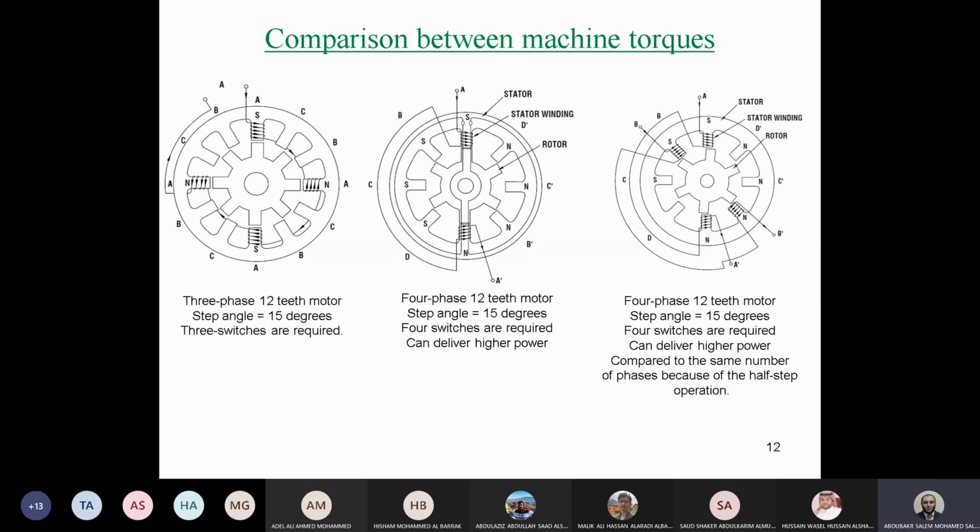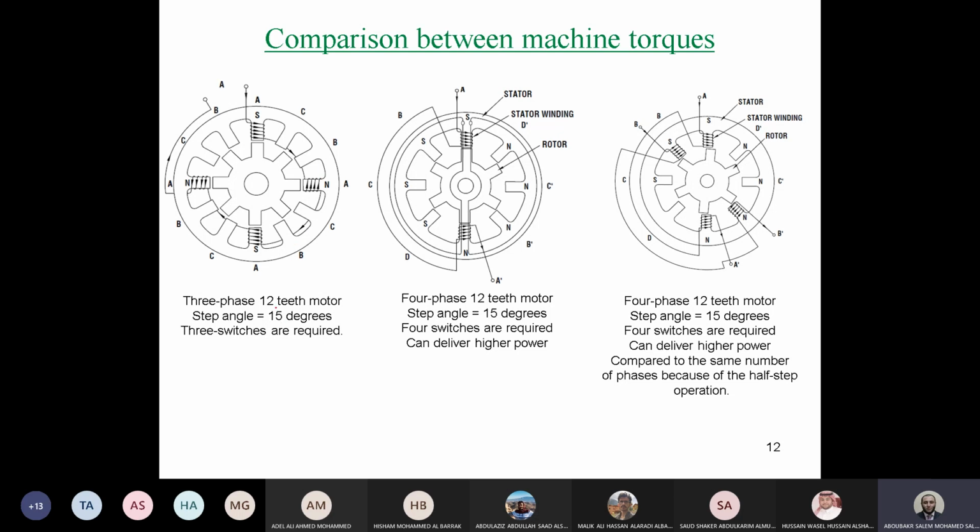Let's compare the machine torques of different designs, in order to be clear how we can increase the motor torque. In this structure, we have A, B, C coils repeated for the teeth, as you can see, A, B, C again, and so on, repeated 4 times.